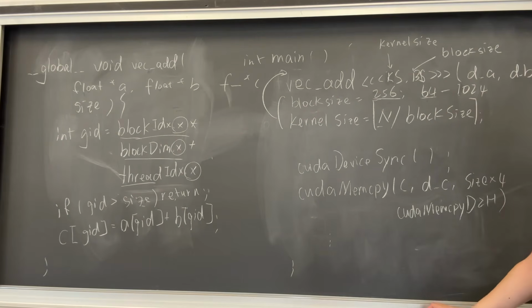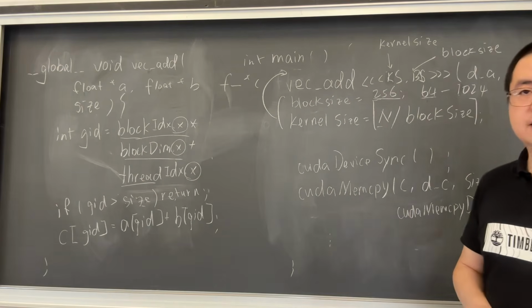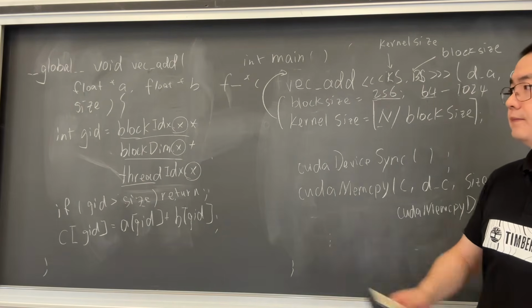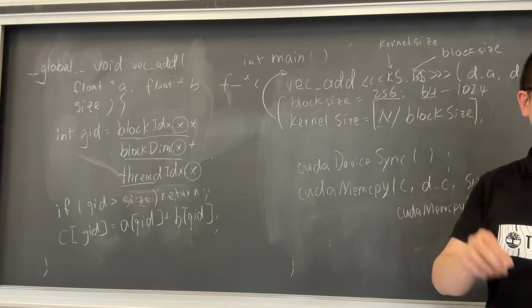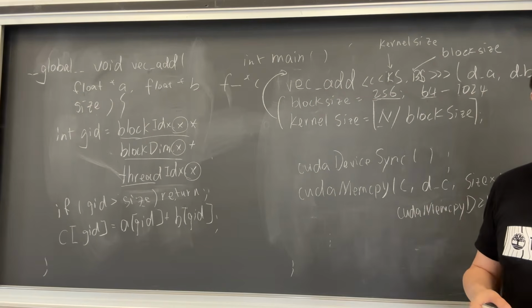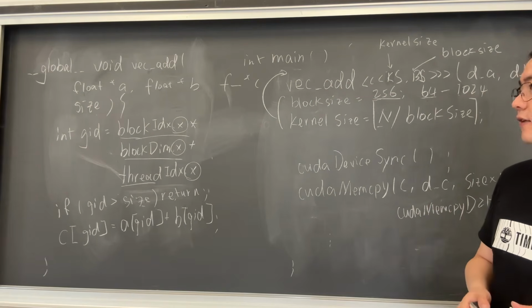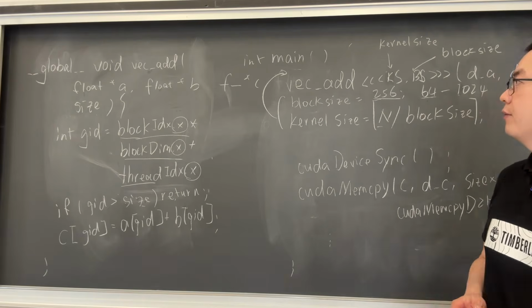I think the most important part is that the threads are written in a way that each thread is responsible for calculating one piece of output, and the threads rarely communicate with each other. And there's a strong limitation in the GPU on how the threads can communicate with each other.